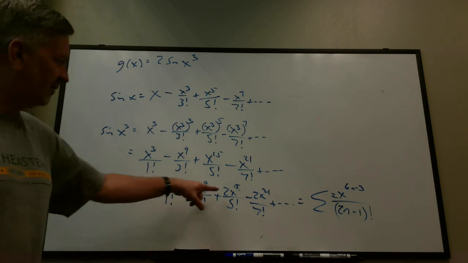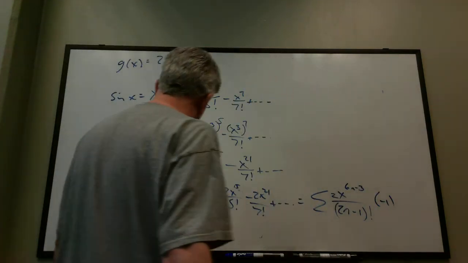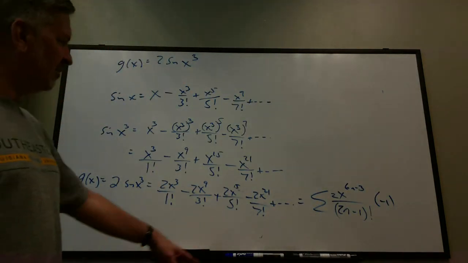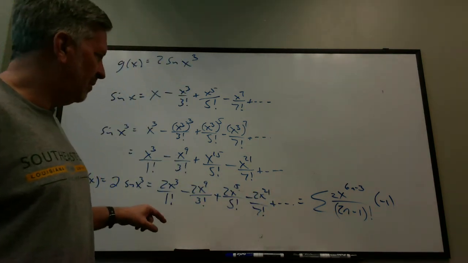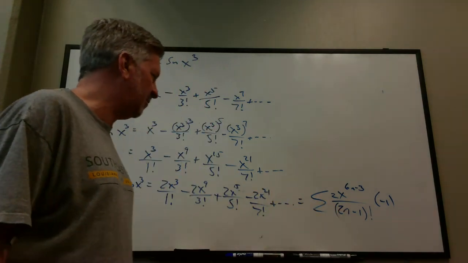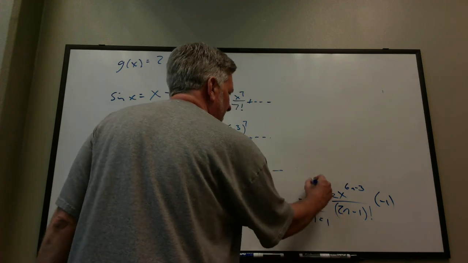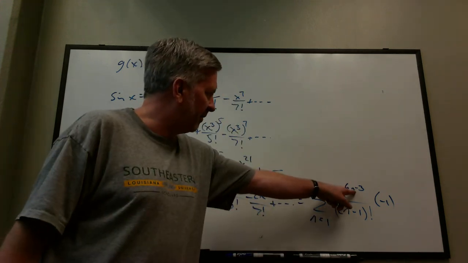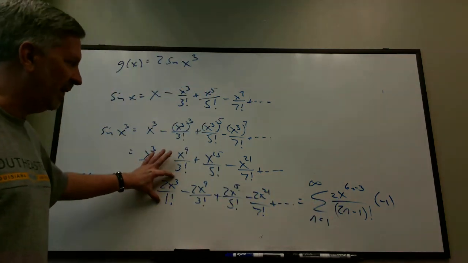Notice that it's also alternating, so I have to adjust for that. I need negative 1 to the, now it depends on what I'm starting with. Let's figure that out first. I can't start with 0 because that'll give me a negative 1 factorial. Looks like I need to start at 1, doesn't it? n equals 1 to infinity, because when n is 1, I'll get a 3 up here, and a 1 here, which is what I want.